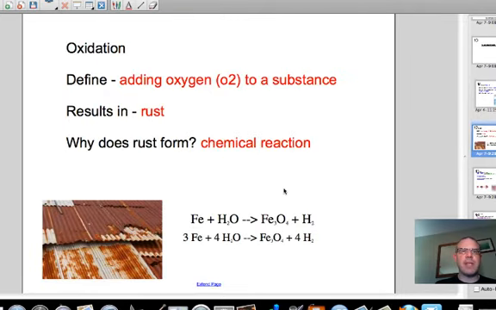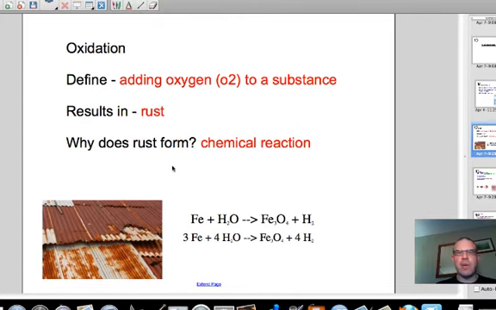One specific example of chemical weathering is oxidation. And what we're doing is adding oxygen. We're adding O2 to a particular substance. And one of the most commonly known types of oxidation reactions is rust. You can see a picture here of a metal roof that has rust on it. And why does rust form?